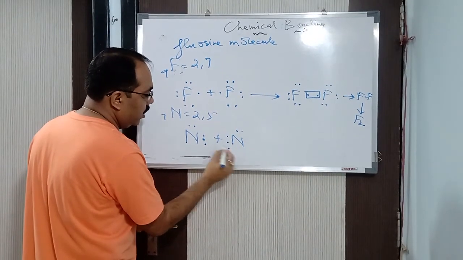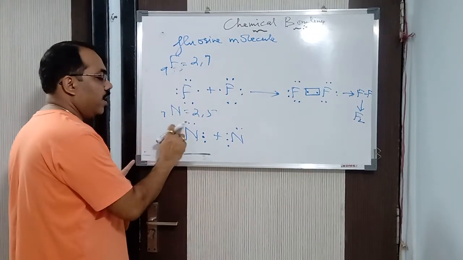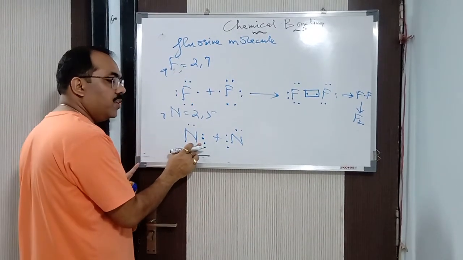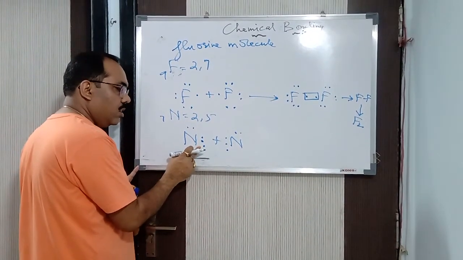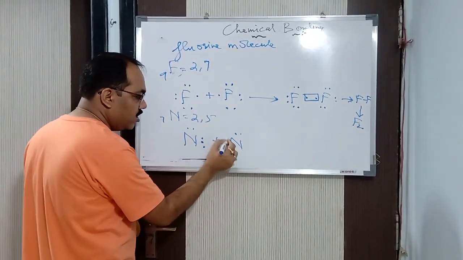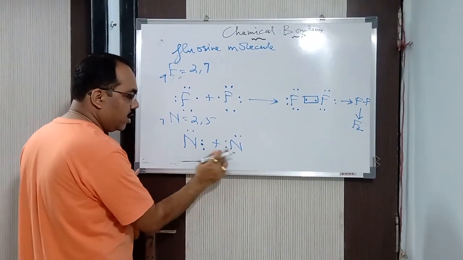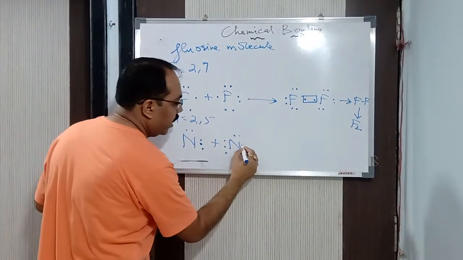Now you must be asking why I kept the 3 electrons here. Because it has 5, how many more does it require? 3 more. This also requires 3 more. So if the sharing takes place with the 3 electrons of this nitrogen atom and this nitrogen atom, then it will attain the octet structure.